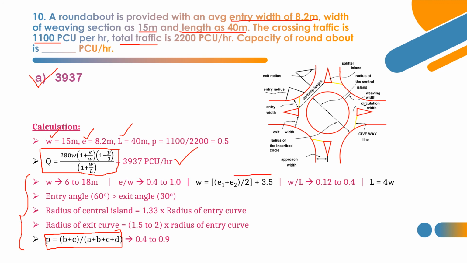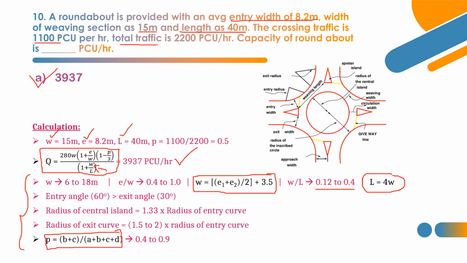Small w, or the width of the weaving section, is calculated using this formula: (E1 plus E2) by 2 plus 3.5, where E1, E2 are the entry width and exit width. So the average of these two widths plus 3.5 gives the width of the weaving section. And the W by L ratio, that is nothing but this denominator value, shall be 0.12 to 0.40.